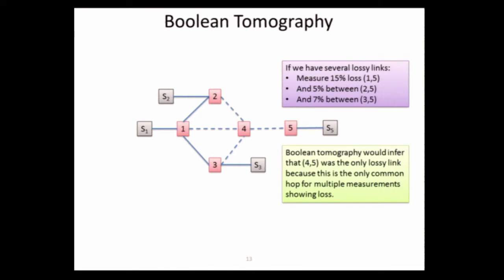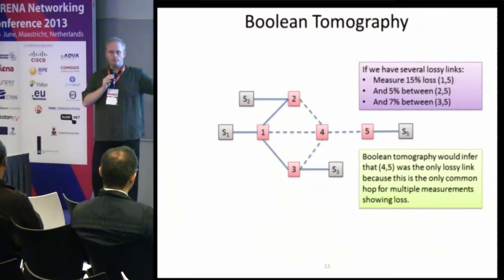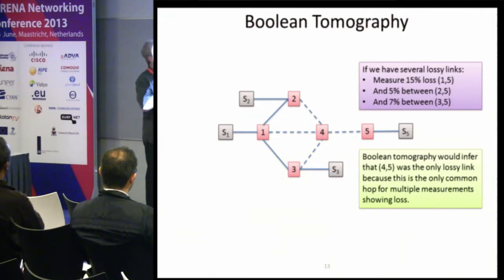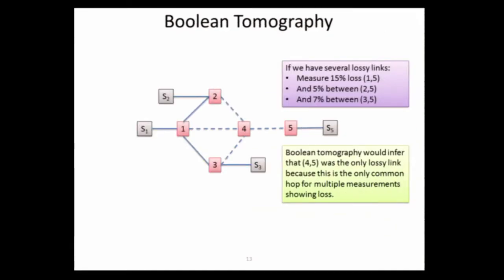So given the example of the Boolean tomography again, perhaps I might think it's a bit unlikely, but say, 4 links on my network suddenly all go bad at the same time, and I'm measuring these losses, the examples I've given here, so I'm measuring 15% loss between router 1 and 5, 5% between router 2 and 5, and then 7% between 3 and 5.